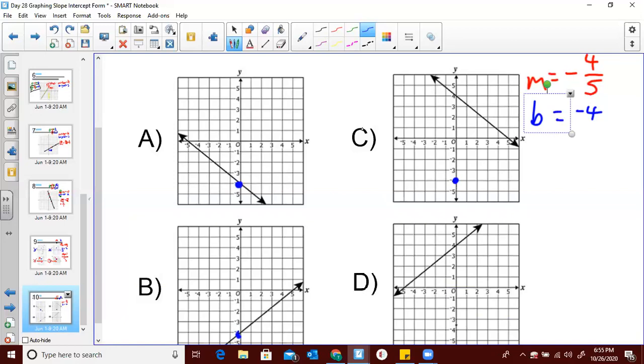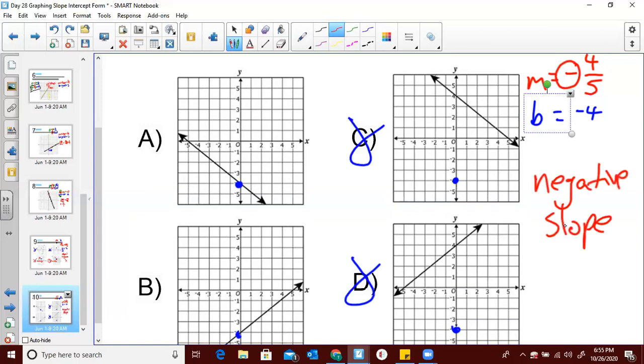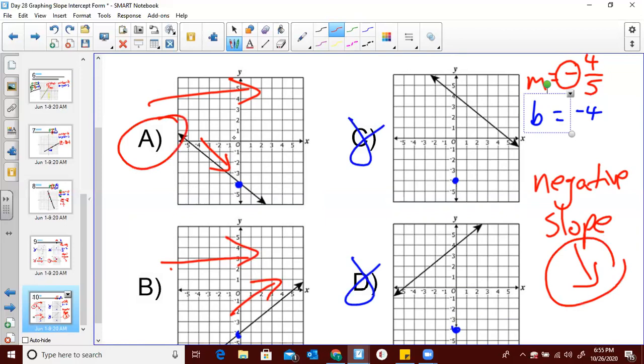Right away, you can cross out C and D. Well, let's look where our slope is negative. Remember, that's where your slope is going to be going downhill. Well, if we're reading left to right, this slope is going downhill. If we're reading left to right, this slope is going uphill. We want it to go downhill, so A is going to be our correct answer.